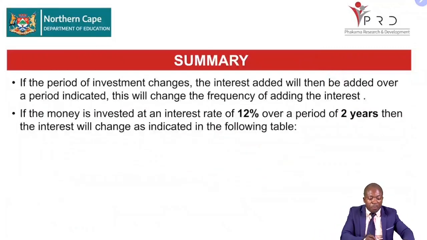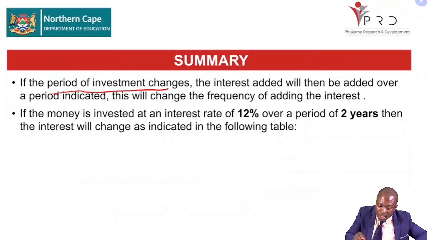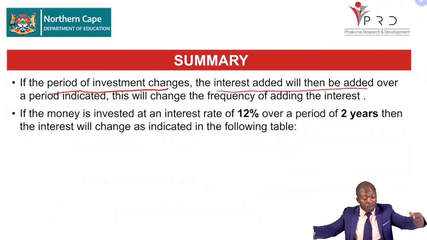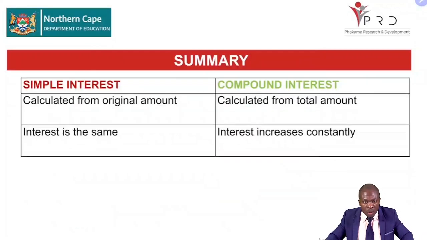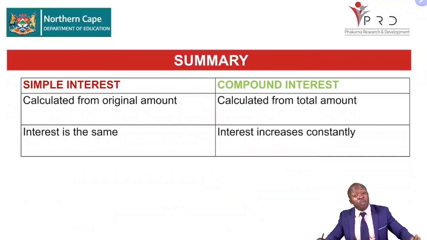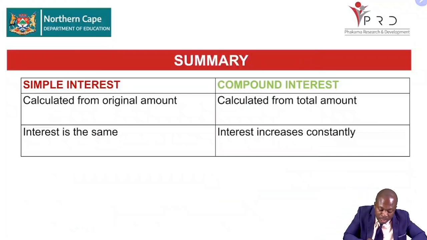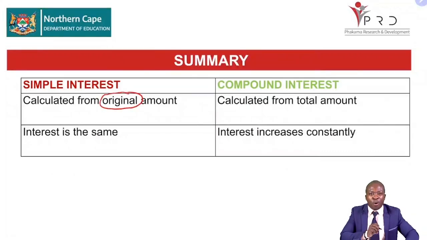Then, if the period of investment changes, the interest will be added over the period indicated. So, you see now, you are doing extremely well, but I do not want you to make those minor mistakes in the examination. What is the difference between simple interest and compound interest again? When we talk of simple interest, we are calculating it on the original. Please remember, we calculate on the original.